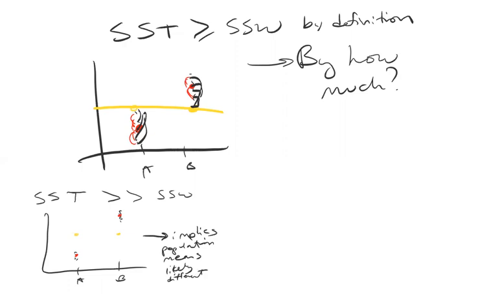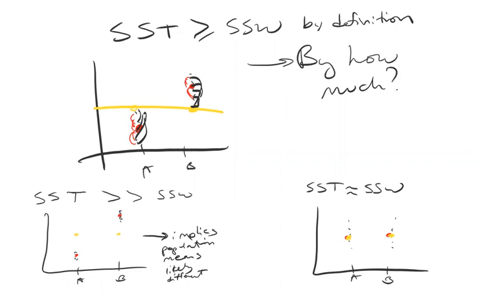But what if SST was pretty close to SSW? Can I draw a picture like that? It always has to be, can't be smaller, but what if they were pretty close to each other? Well, that would look kind of like this, right? So here's the mean in each group, right? Maybe here's kind of the overall means, kind of in the same place, right?